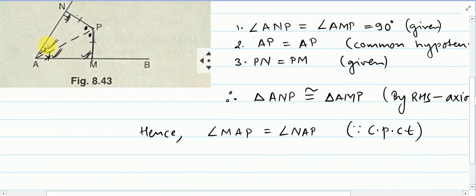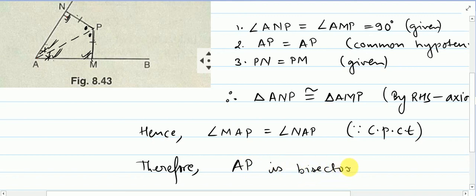And once these two angles are equal, that means this line is bisecting the whole angle. Therefore AP is the bisector of angle NAM.